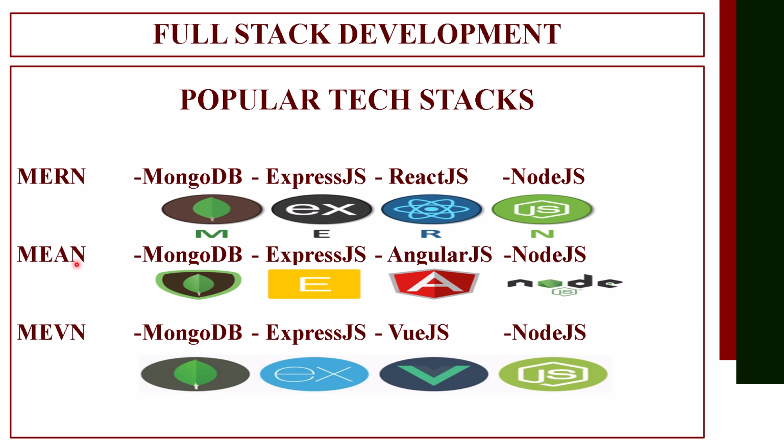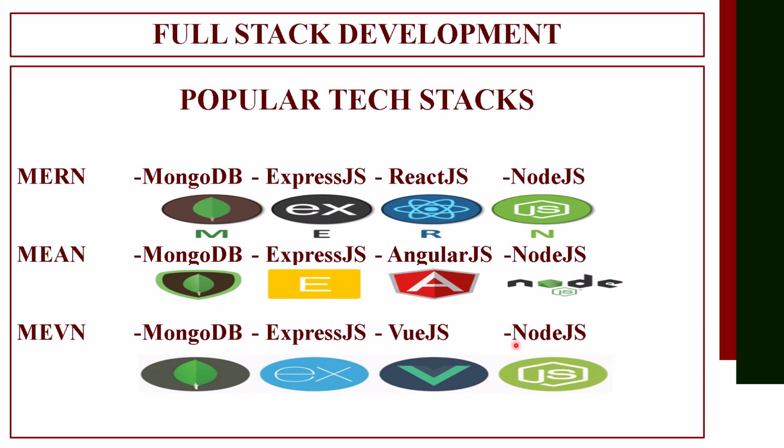If it is MEAN stack, then same M for MongoDB, E for Express.js, A for AngularJS, and N for Node.js. MEVN stack means MongoDB, Express.js, V for Vue.js, N for Node.js.